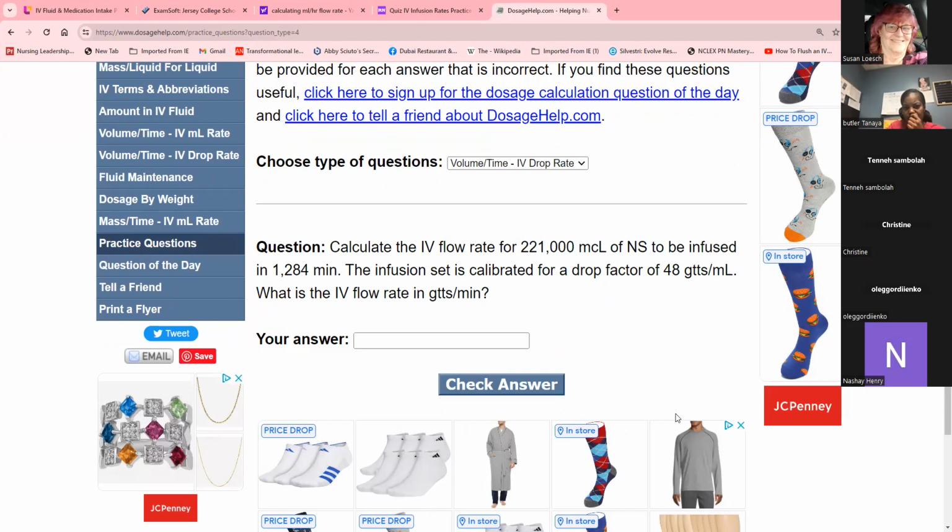MCL to ML. Thank you. It's 5,000. And that scale's the same as the other scale, right? Microliters, milliliters. So what are you going to do to convert that? Divide by 1,000. Correct. Okay.